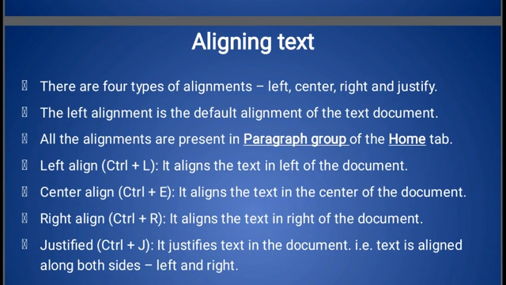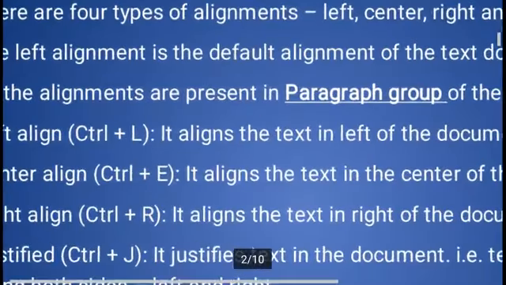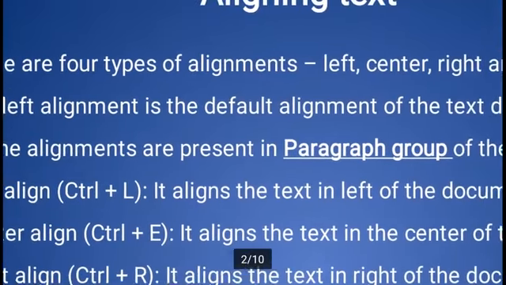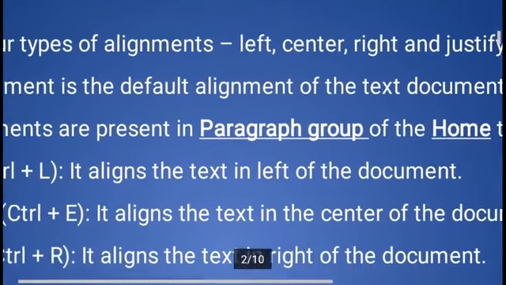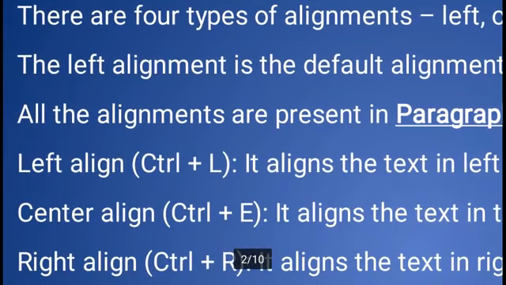Suppose you have already typed a paragraph. By default it is left aligned, but you can change the alignment. You can see there are four types of alignments: left, center, right and justify. The first is left alignment.